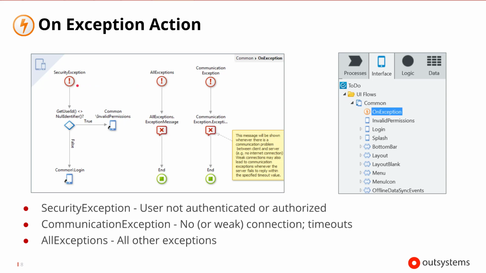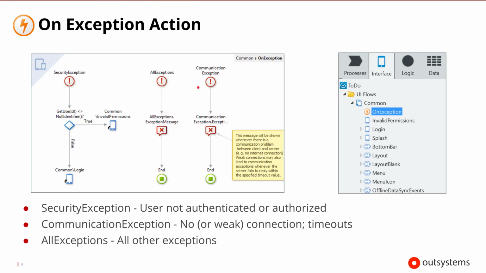If there's a security exception, it figures out whether it knows who the user is. If we know who the user is, then the security exception would be that they're trying to get to a page that they don't have permission for. So we should go to the invalid permission screen. If we don't know who the user is, then we should ask them to log in. So the security exception is fairly straightforward.